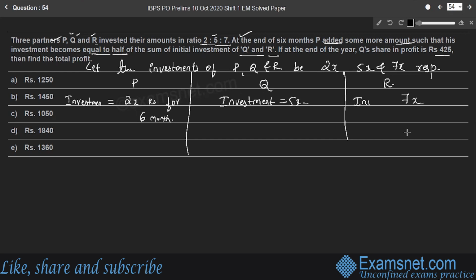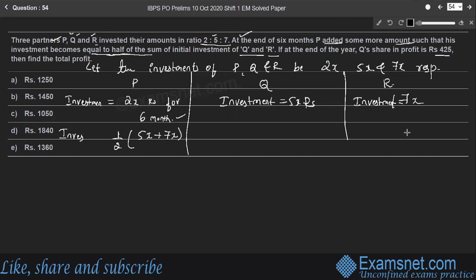After 6 months, P's investment will be half of the sum of the initial investments of Q and R, that is, (5x plus 7x) by 2.